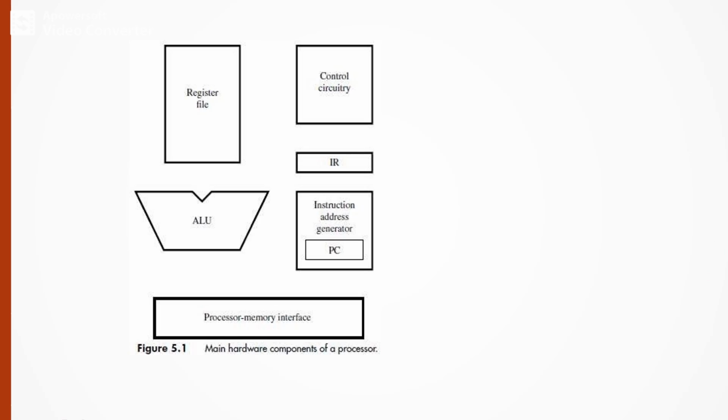The diagram shows the main hardware components of a processor. The processor basically consists of a register file, arithmetic and logic unit, control circuitry and special registers like the instruction register and PC, followed by the processor memory interface unit.